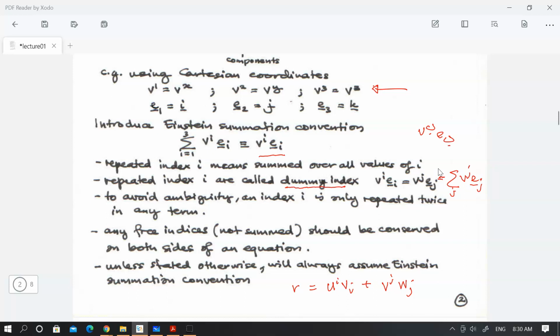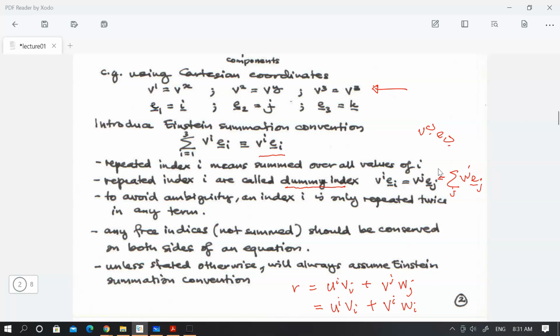If you have two terms like this, you can repeat the index because they appear in different terms. So this is still considered valid.